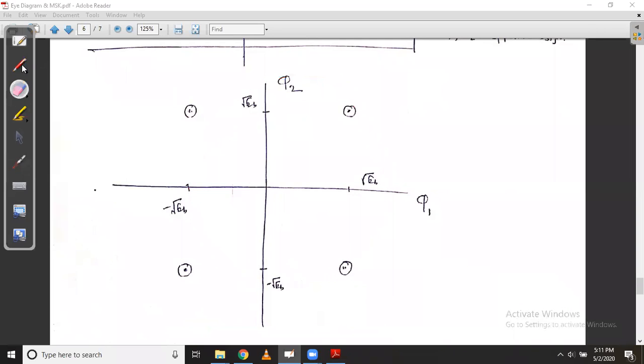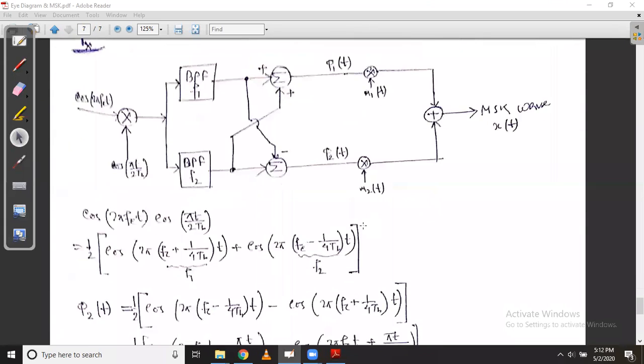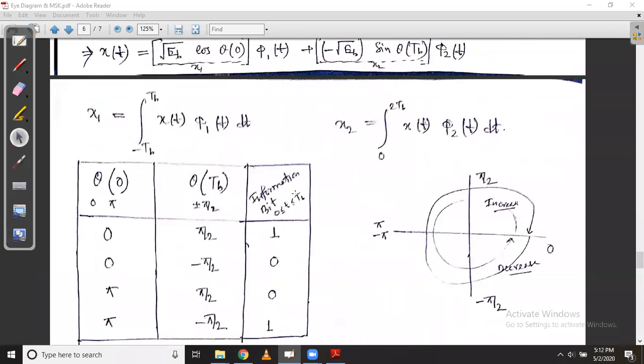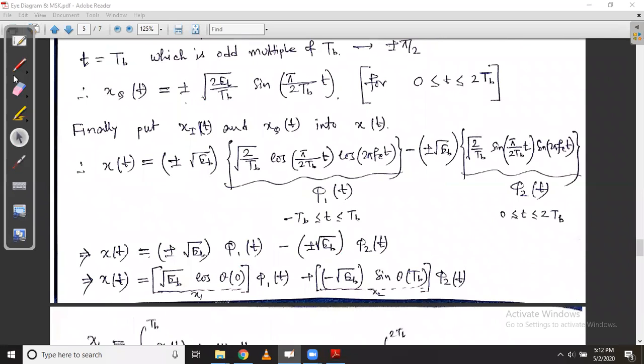After this, we have the transmitter and receiver block diagram. We have this one, the transmitter block diagram and the receiver block diagram. Now, this transmitter and receiver block diagram comes from the expression, this one.